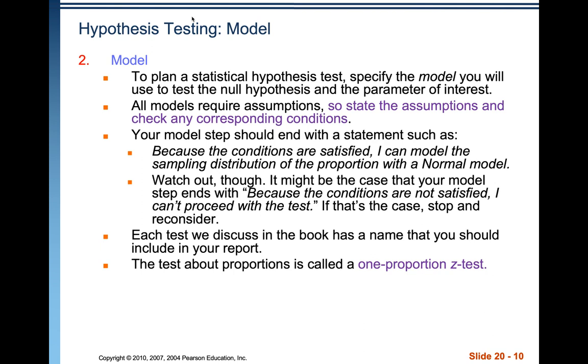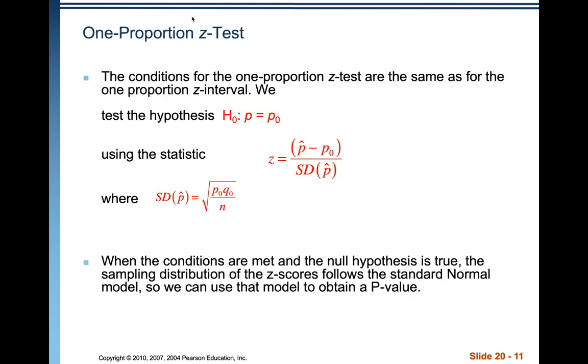Watch out though, it might be the case that your model step ends with, "Because the conditions are not satisfied, I can't proceed with the test." If that's the case, stop and reconsider. Each test we discuss in the book has a name that you should include in your report. The test about proportions is called the one proportion z-test.